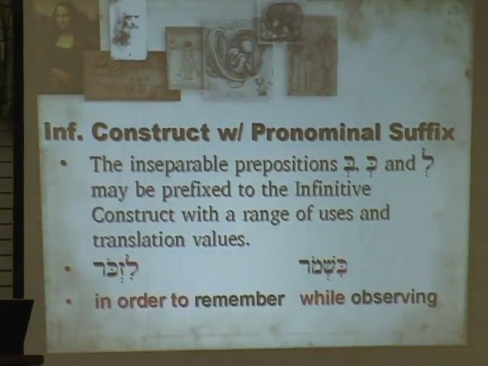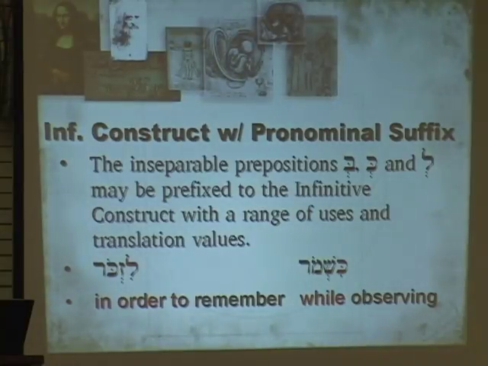So let's see how it's used in translation. If you put le before the infinitive construct, it's actually going to be not just to remember, but a better way to translate it will be in order to remember. Okay?